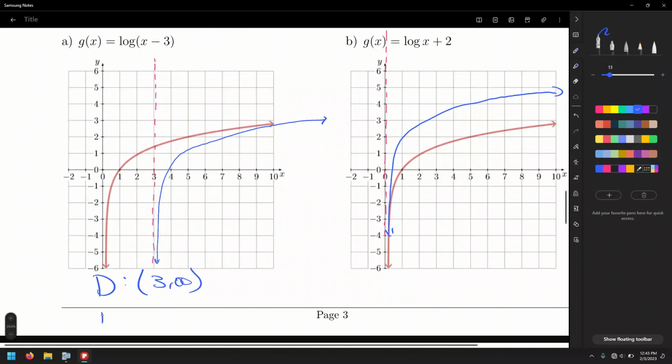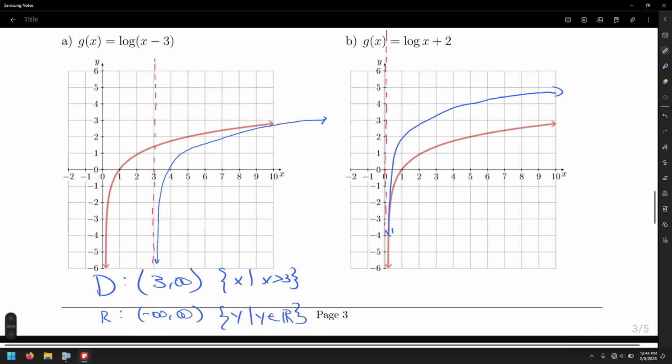And the range is simply all real numbers. Well, actually, of course, x such that x greater than 3 and y such that y belongs to all real numbers.